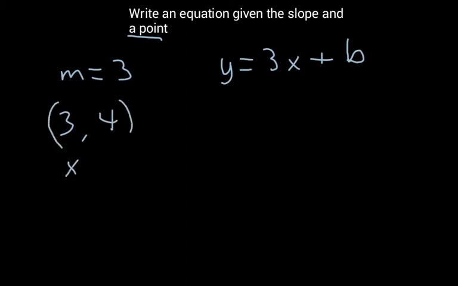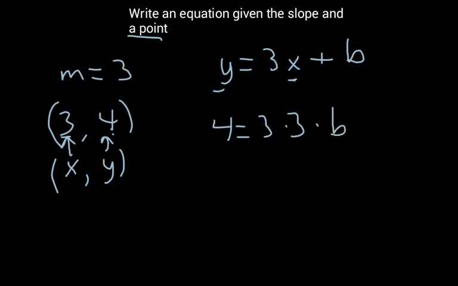Remember that is the value for x. And this is the value for y. That's the order, and the order is really important here because we're going to substitute wherever we see x, we're going to put in 3, and when we see y, we're going to put in a 4. So 4 equals 3 times 3 plus b. And if you think ahead, you can probably figure out what we're going to do right now. And that is, do the math here.